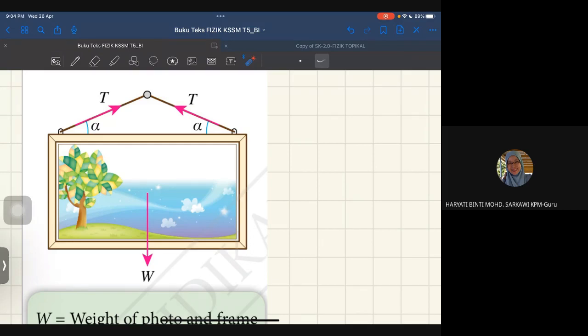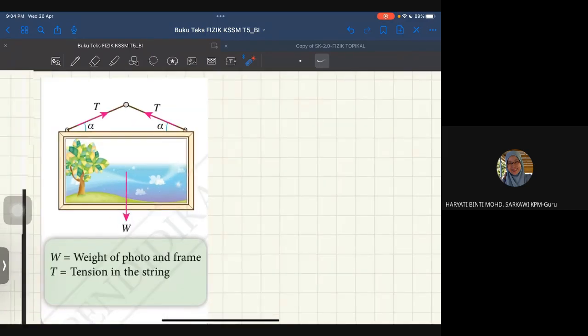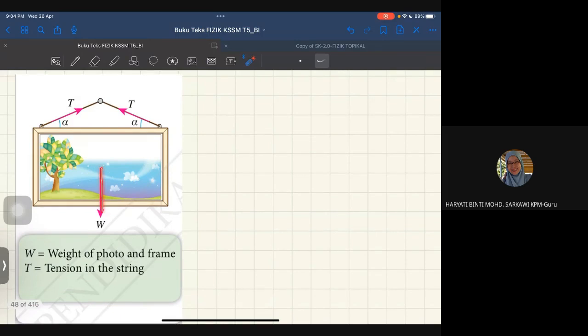When you are asked to label the forces acting on the system, you must remember this. W is the first one. Normally it will be 90-degree to the ground. So this one no problem. This is your W, and then there will be tension in the string. Label for you already, and you can see here there is an angle.